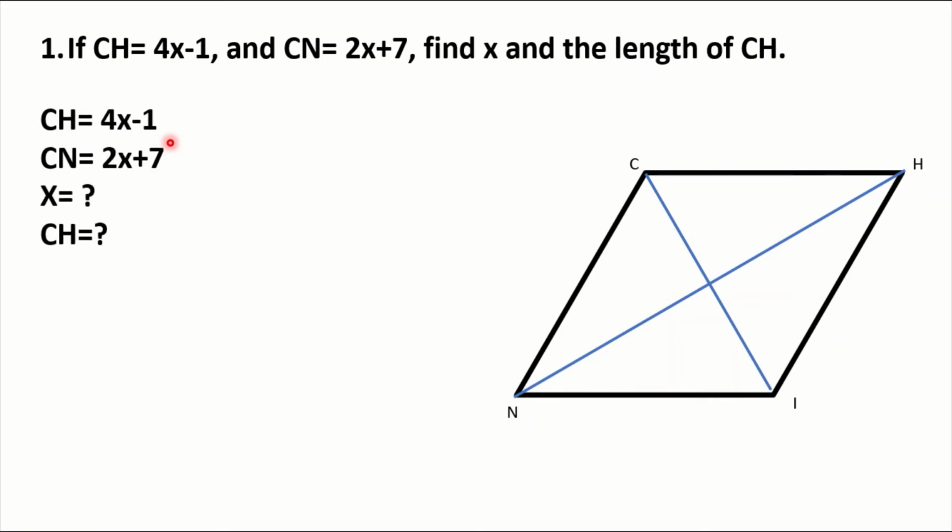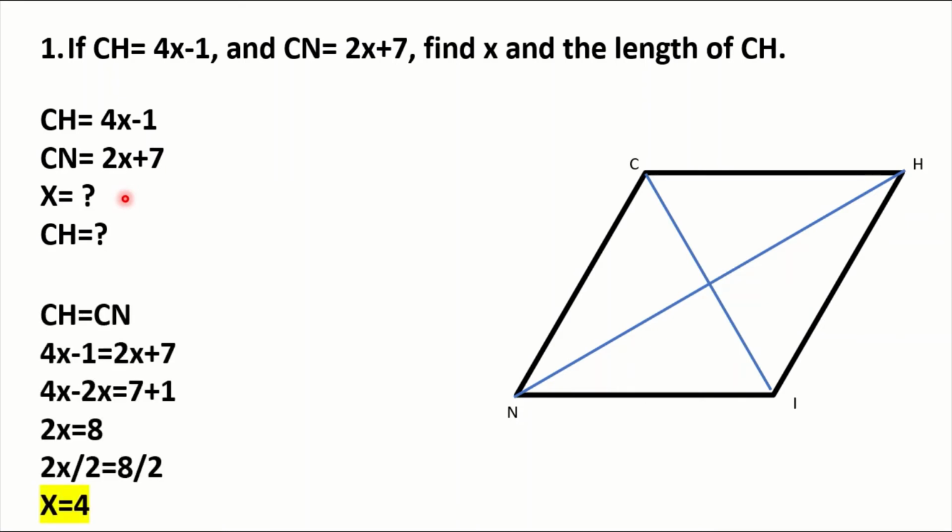And unknown is, or are, x and CH. So, unahin natin yung CH tsaka CN. No? Kasi sila yung given lang. CH is 4x minus 1 and CN is 2x plus 7. So, we can say that CH is equal to CN. Bakit? Kasi they are congruent. Kapag congruent sila, equal sila in measurement. So, therefore, ito yung magiging working equation mo.